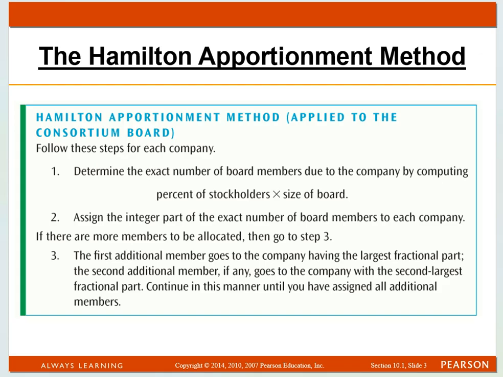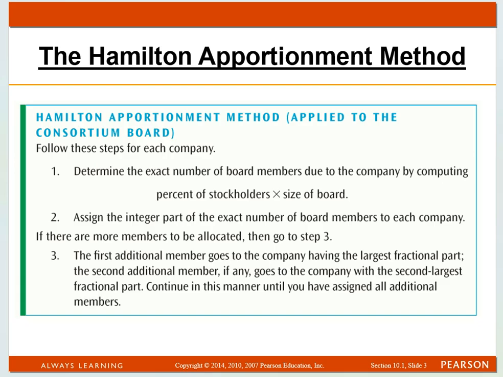So he would figure out that percentage and then multiply it times the size of whatever it is you're apportioning. And then whatever the whole number is, so if you did the percentage, multiplied it times the size of the board, and you got like 3.75, well, obviously 3 is the whole number. So you're going to get 3 seats.